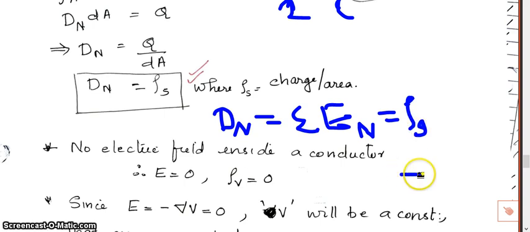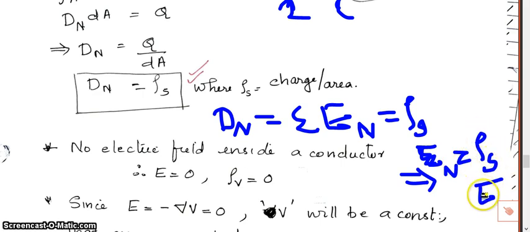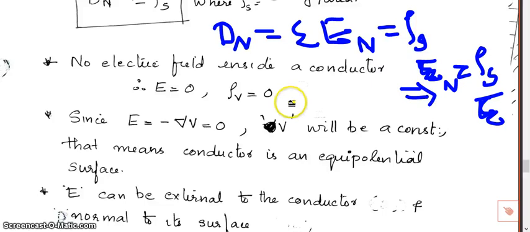That implies En is equal to rho s by epsilon. So that is the expression for En across the boundary of a dielectric conductor.